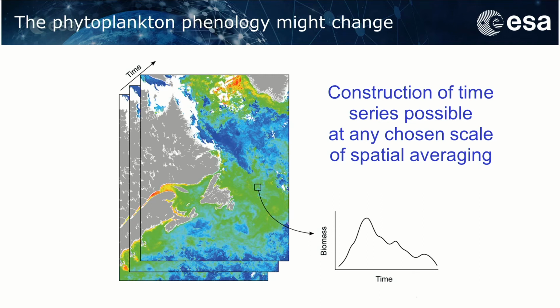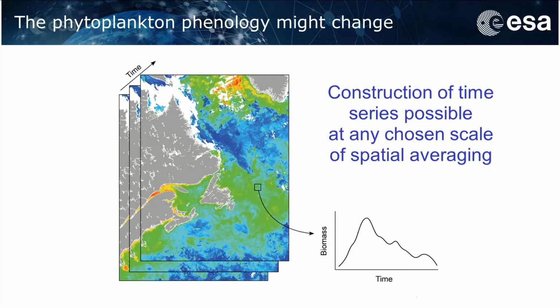One thing I haven't talked about too much over the last few days is phytoplankton phenology. Phytoplankton phenology is basically the seasonal timing of the phytoplankton bloom. So in order to look at phytoplankton phenology, we need to construct a time series of phytoplankton at any given location over the period of a year.